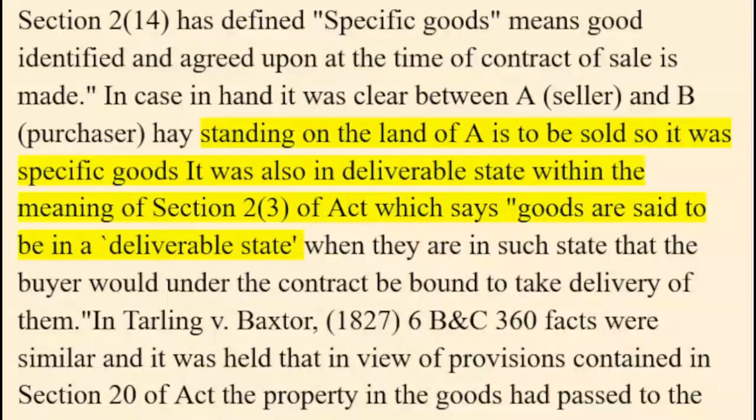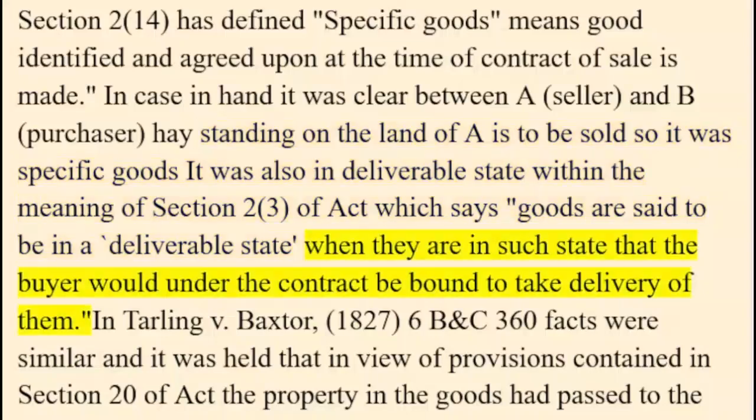It was also in a deliverable state within the meaning of Section 2(3) of the Act, which says, goods are said to be in a deliverable state when they are in such state that the buyer would under the contract be bound to take delivery of them.